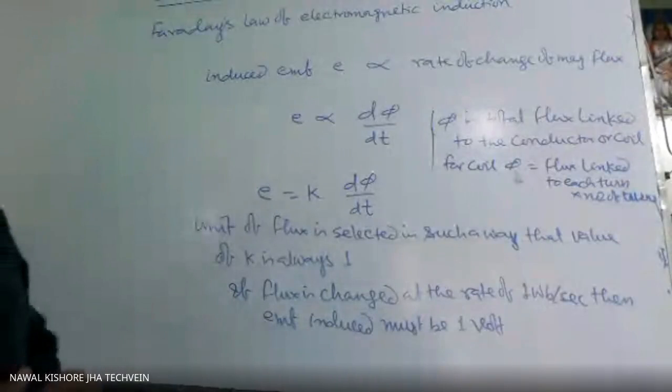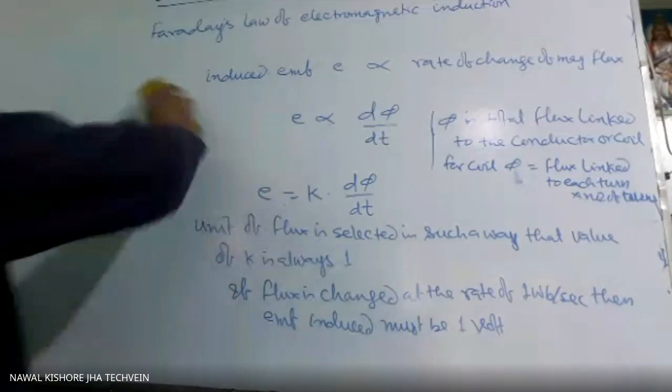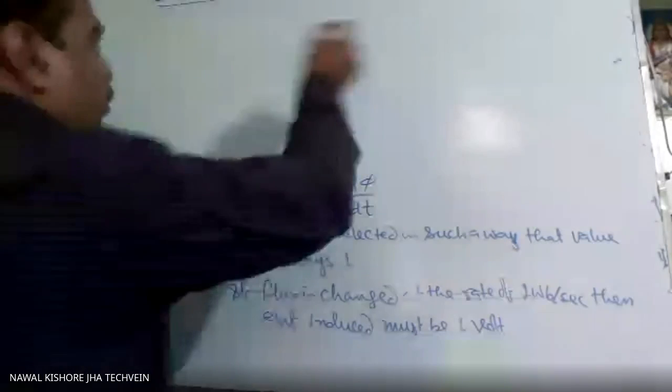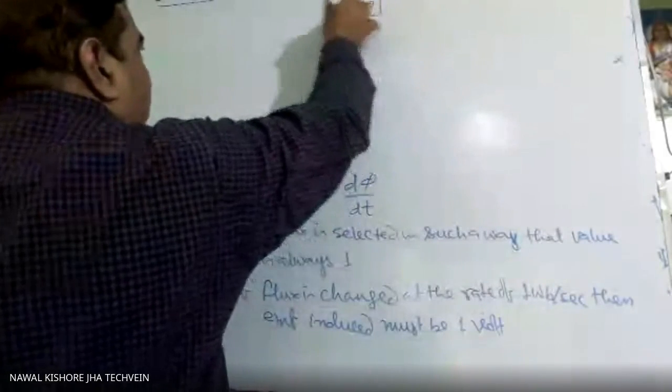Dimension of flux we have already, I think, seen. So if you have not done the dimension of flux, the unit will be Weber, and the dimension will be what?